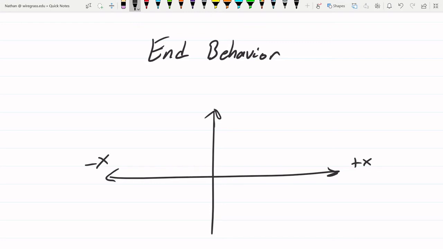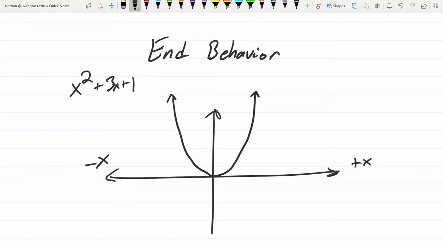So the degree of a polynomial, if I look at very simple ones, x squared, this is the x squared function. I could write whatever I want on here, it's not going to look the same, but like I could write 3x plus 1.